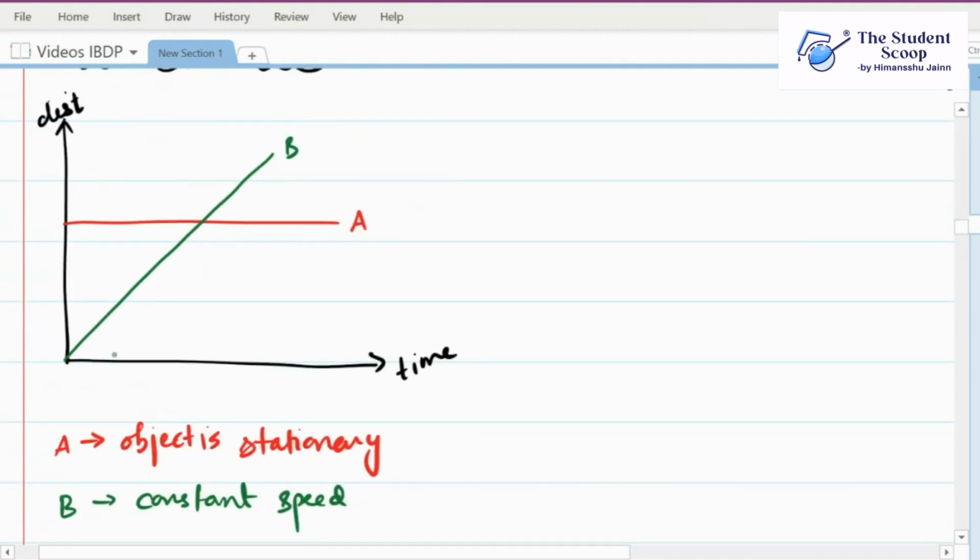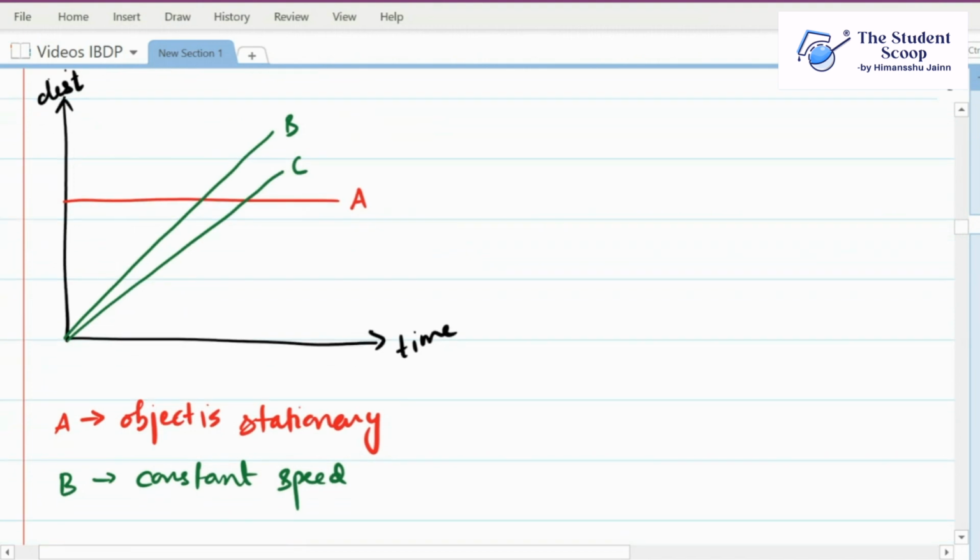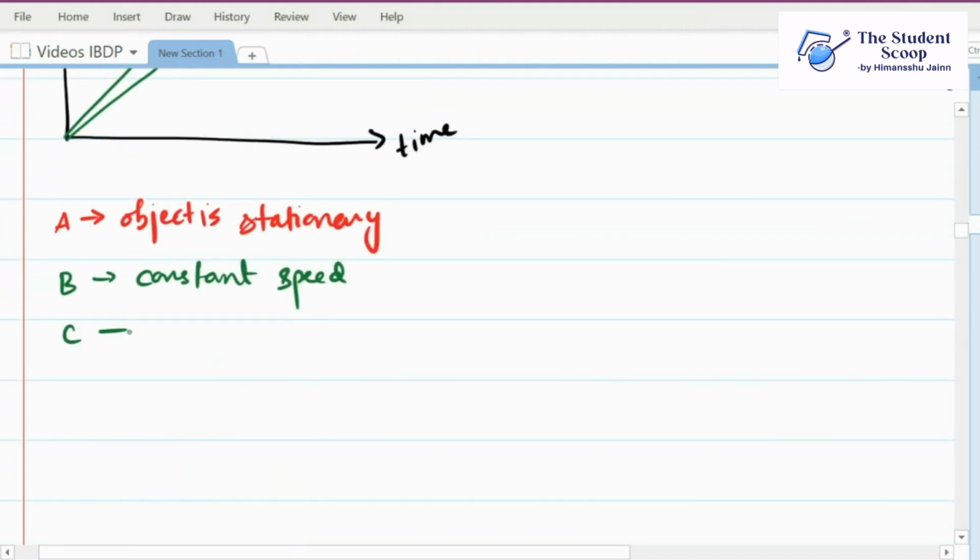Similarly, if I have another graph very similar to it, starting from the origin, C is also a constant speed, but since it has a lower gradient, the speed at C is less than the speed at B.